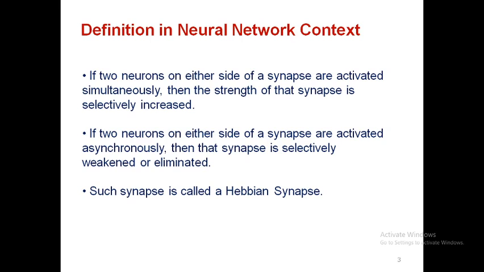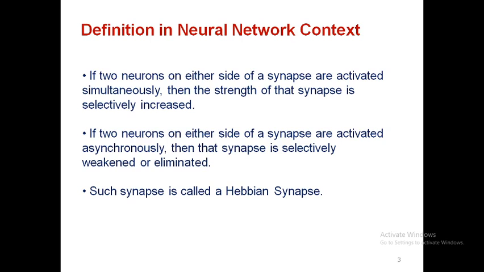If two neurons on either side of the synapse are activated asynchronously, not at one time, then that synapse is selectively weakened or eliminated. So both should activate simultaneously. Simultaneously means at a time, then the synapse strength will increase.